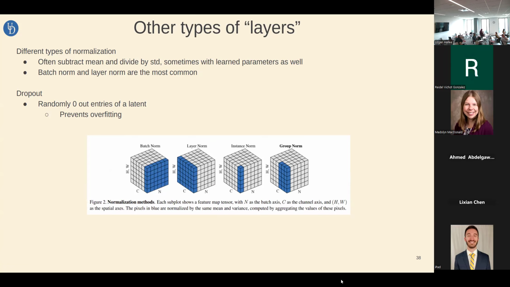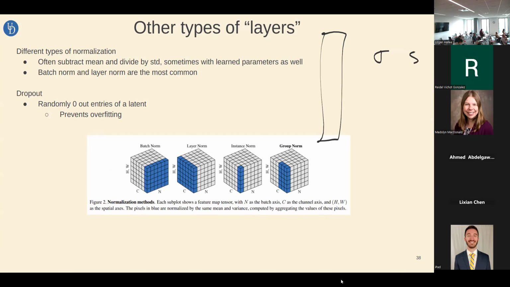One thing is we can normalize the numbers, the state of the network. There's lots of different types of normalization. The most common are batch and layer norm. We haven't really talked about batches yet, but for layer norm, we had our 784 length vector for MNIST. First we'd calculate the mean and standard deviation.